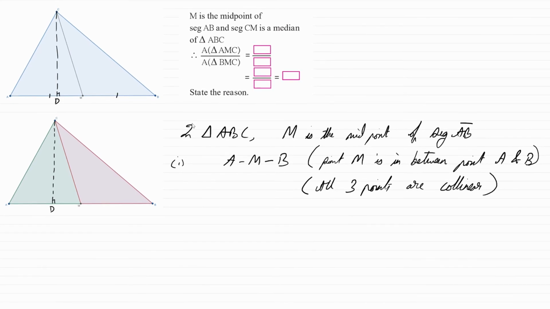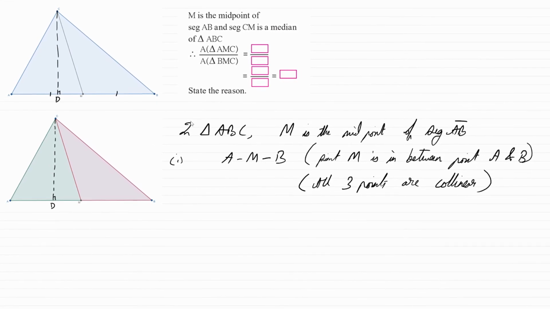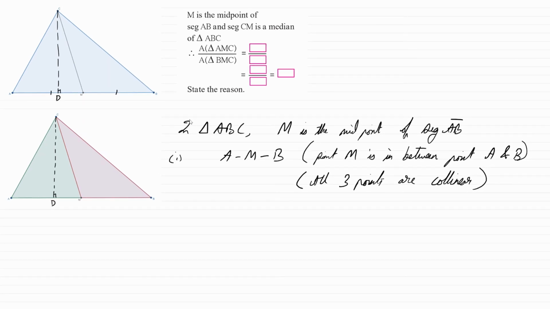All 3 points are collinear, means they all belong to the same line. And secondly, point M is in the middle of point A and point B. So this means segment AM is equal to segment BM. Okay. So this is our first finding.